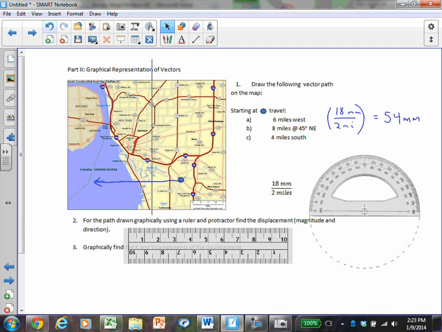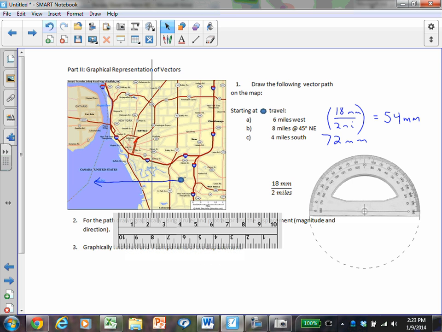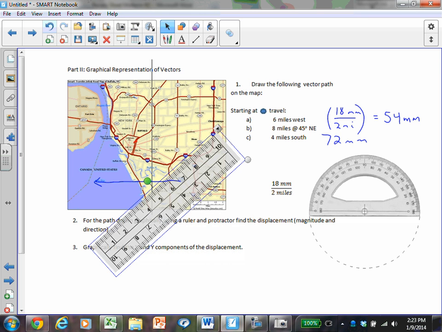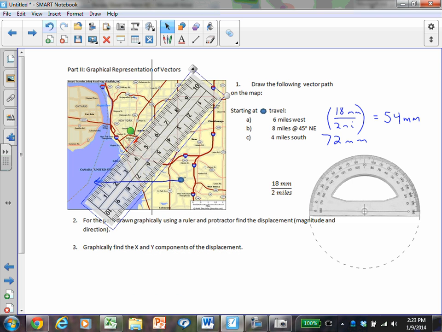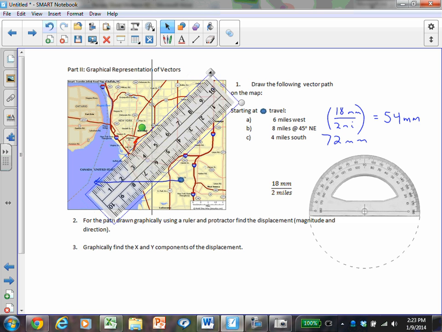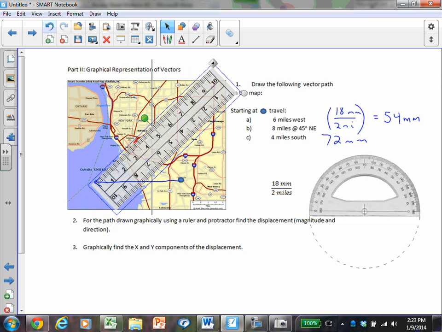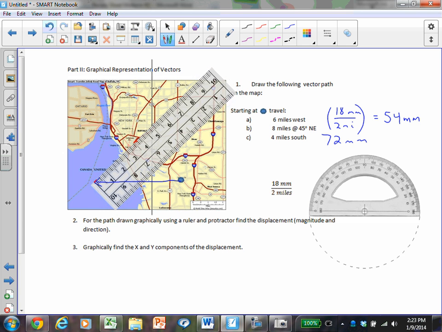All right, so now 8 miles would be 72 millimeters or 7.2 centimeters. Am I close?